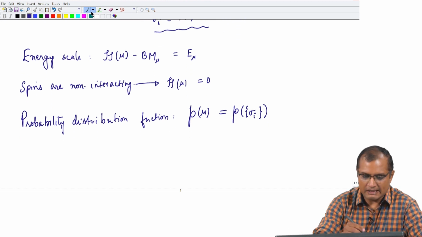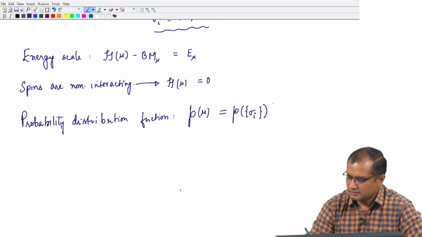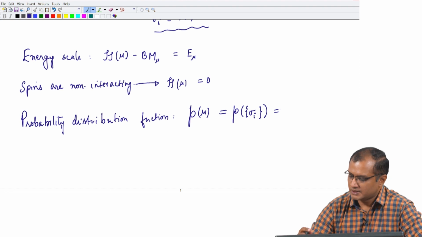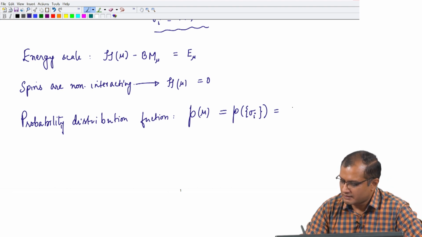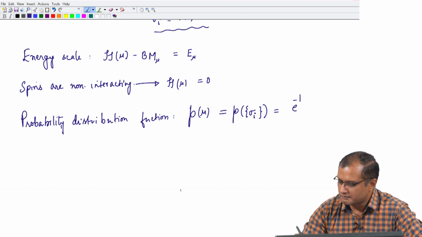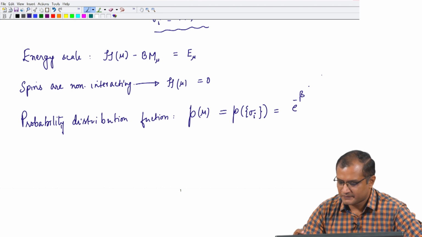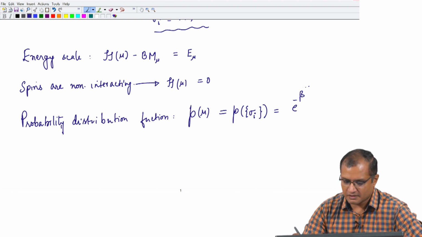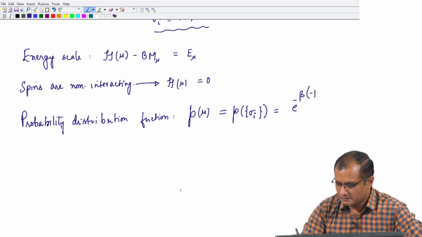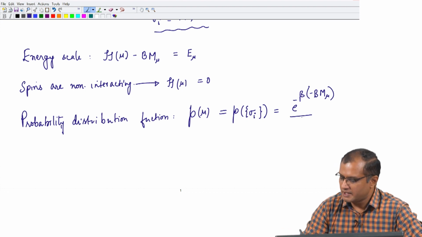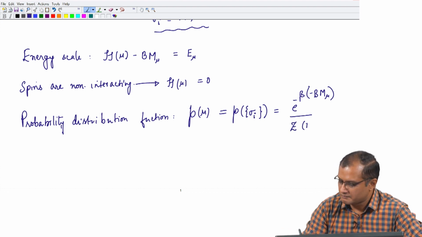Now, you can write this as e to the power minus beta into the energy scale, which is just minus B times m_mu, divided by the partition function.